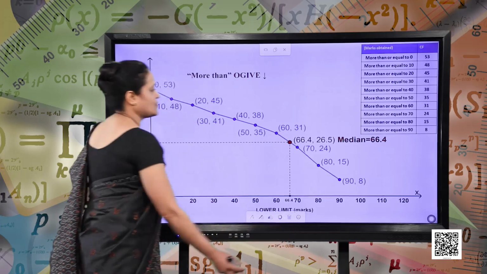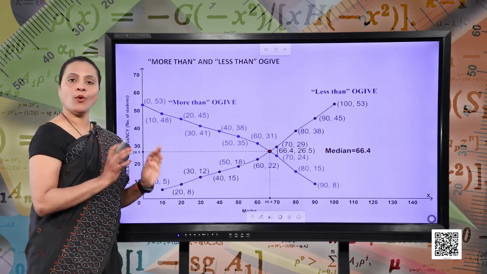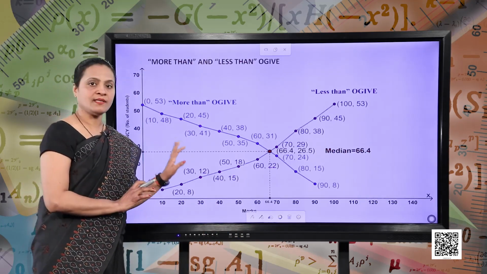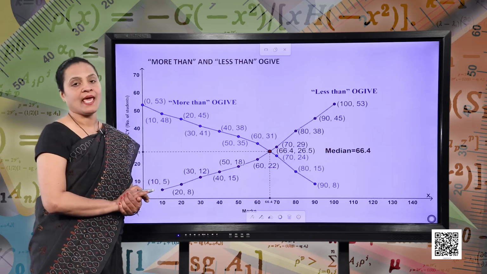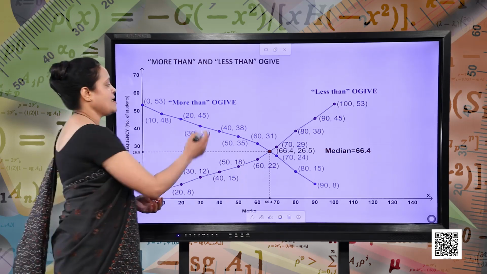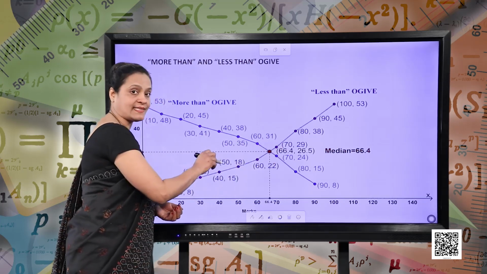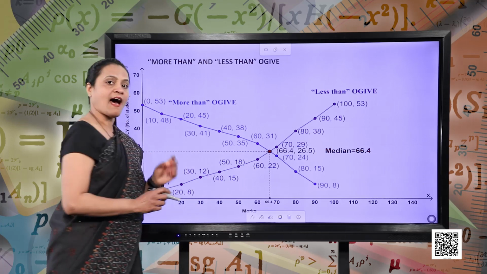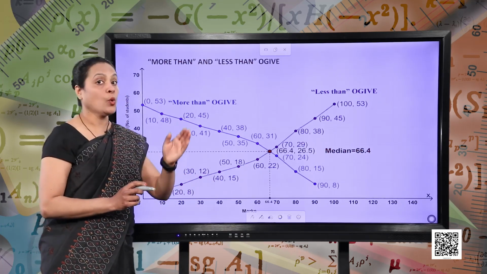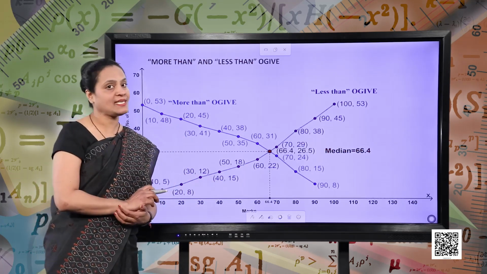We can also plot both the ogives on one single graph paper. In such cases, the point where these two ogives intersect represents our point whose x coordinate is the median.